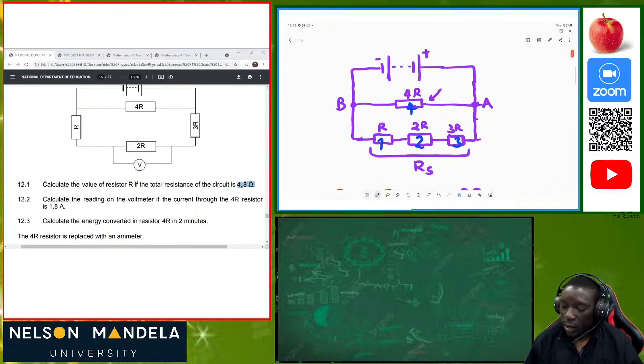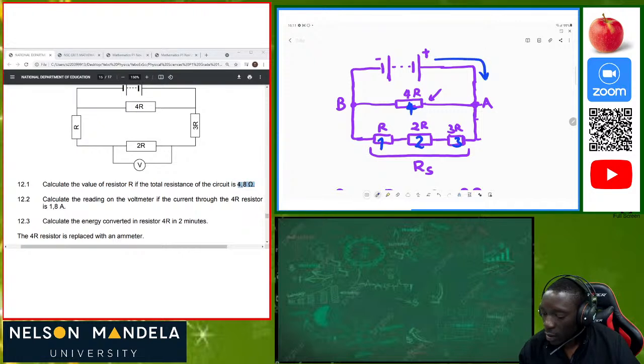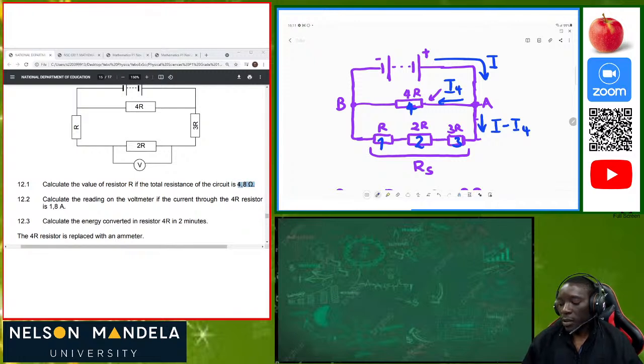So what is this voltage? We have current flowing, and this current is I. But when it gets here, it branches into I4, and another part goes down there, which is I minus I4, right?